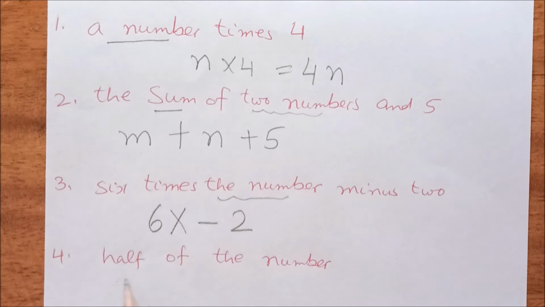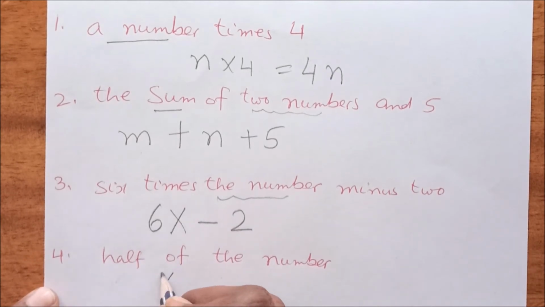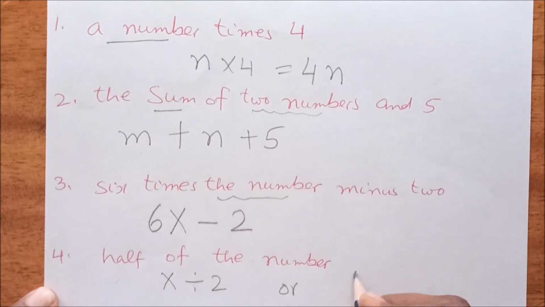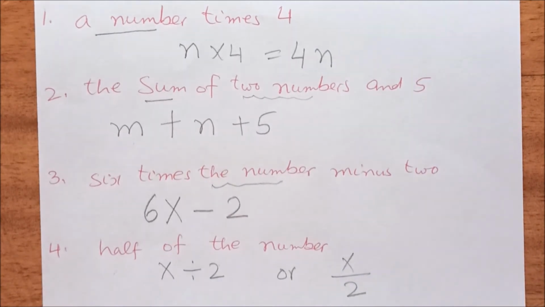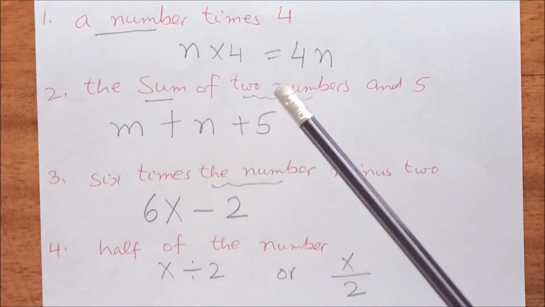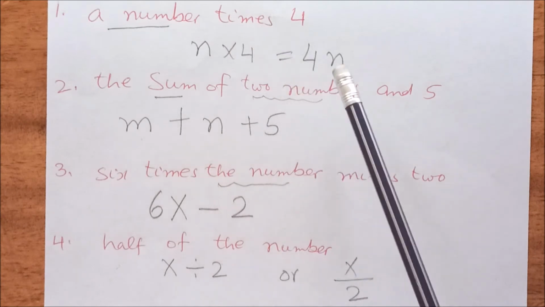Next, half of the number. Our number is x, half of this means divide by 2, or we can write it as x over 2. It's the same thing. Let me revise it again. A number times 4 is 4n.